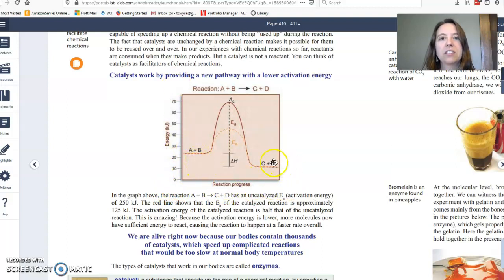We have our reactants here and our products here. And we can see normally we would have to go all the way up here to have the reaction occur. But if we have a catalyst, then we only have to go up here. So it's much more likely that reaction will occur, and then it happens faster too.